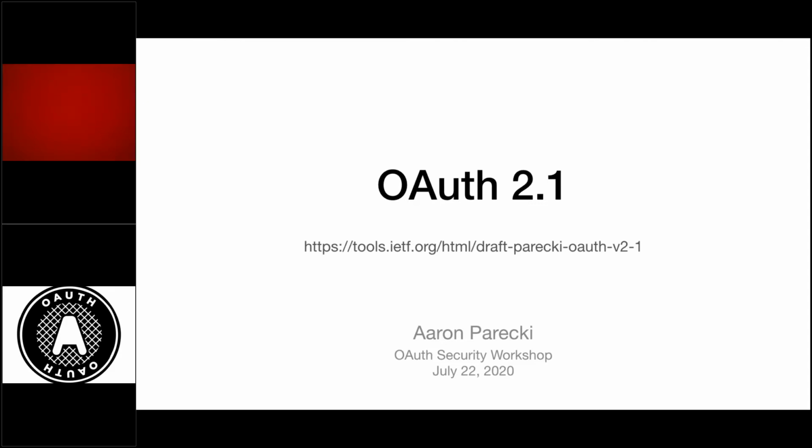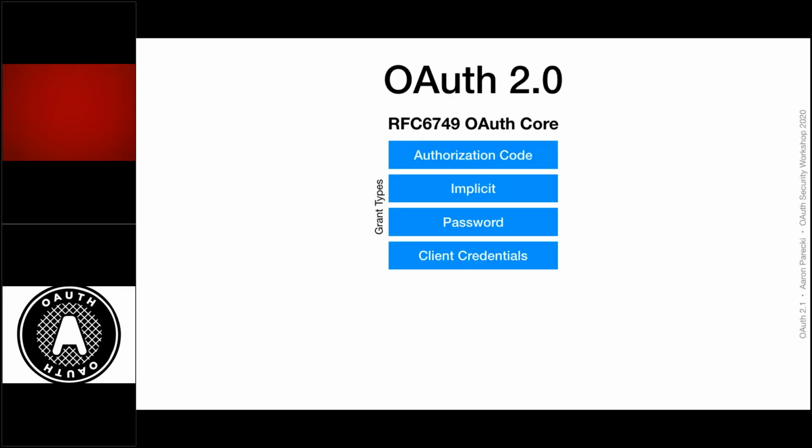As I'm sure many of you know, OAuth 2, the core, talks about a few different grant types and sets up this framework for extending it. One of the things that was left out of the core document was the actual description of access tokens.